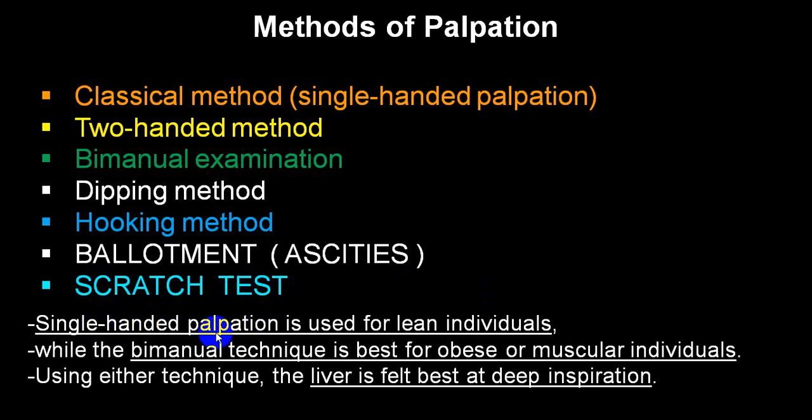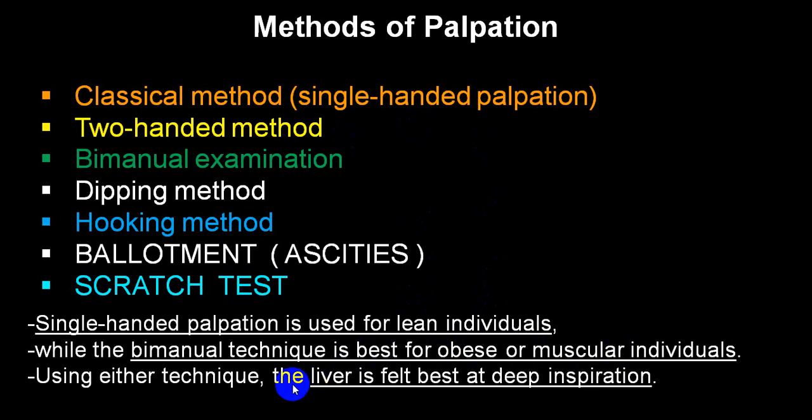Single-hand palpation is usually very good in the case of a lean, thin-built individual. Bimanual palpation is usually done for the kidney, but two-hand methods will be good in the case of an obese or muscular individual, or we call it deep palpation with a single hand or with two hands.